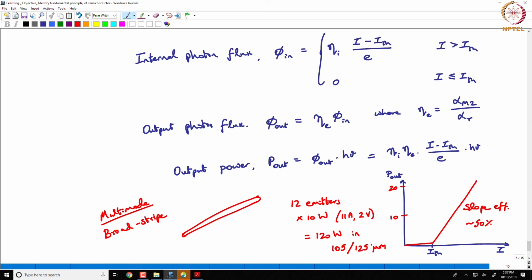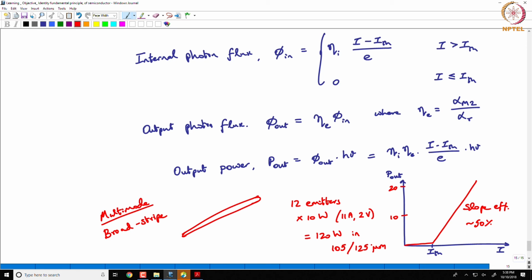As you scale to higher power levels, you need more and more efficient dissipation of heat. That eventually determines the size of your laser diode also. You are not going to be able to keep it very compact because you need a certain volume to dissipate your heat.